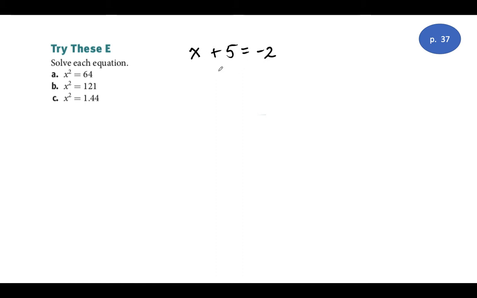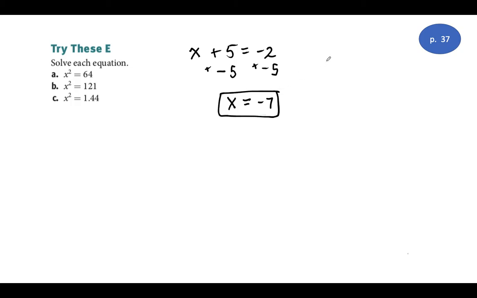The inverse of adding is subtracting, so you subtracted 5 from both sides. You might not be surprised to think that I would add a negative 5 to both sides. So the plus and the minus eliminate each other. They're inverses, and you get 0. Negative 2 plus negative 5 is negative 7.